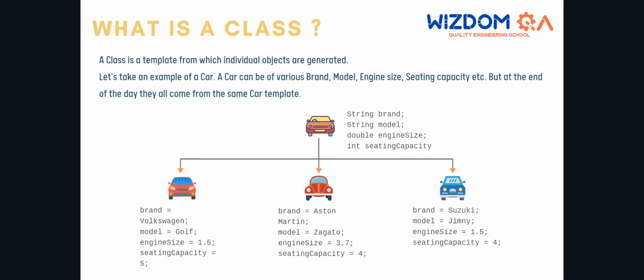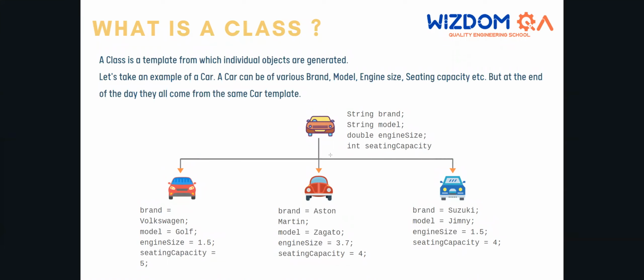I'm trying to create a Java class for a car. Why? Because I want to give multiple data to it. I want to store multiple data regarding the car. I want to provide multiple features to the car in terms of a program.